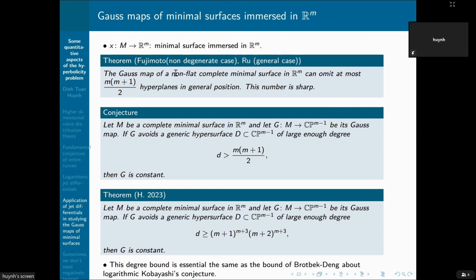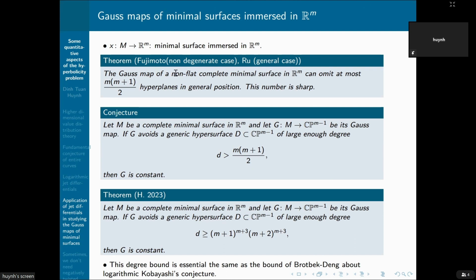So we can conjecture that for a complex minimal surface in Rm with Gauss map G, suppose that this Gauss map avoids a hypersurface of large enough degree, say d greater than m(m+1)/2, then G should be constant. And we can think about this as an analog of the logarithmic Kobayashi conjecture for Gauss maps.